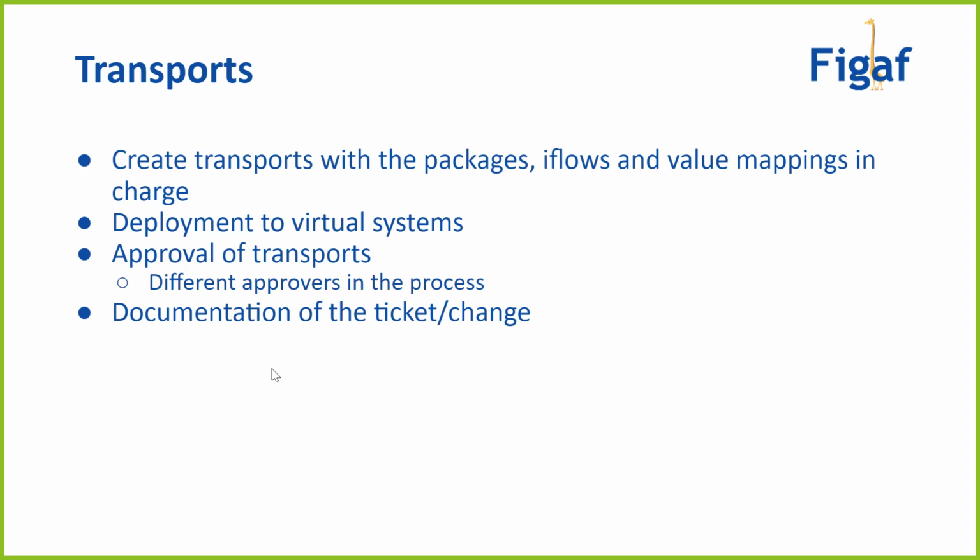We have approval in the landscape, so you can specify who is able to approve any transport along the way. And then once that's done, you can do documentation of the ticket or the change that has happened. So let's try that.